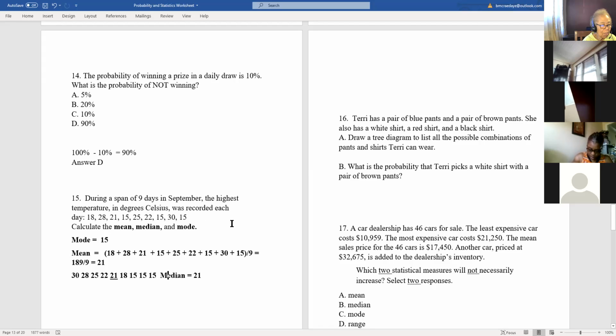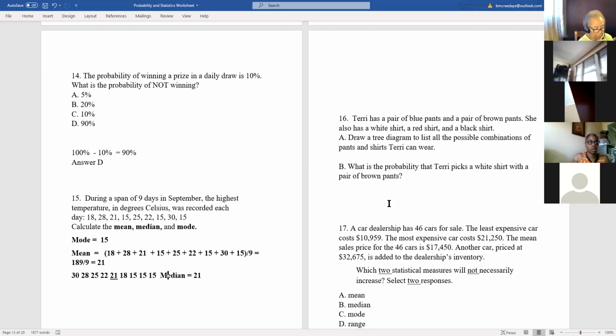And the median is the one that appears in the middle. You put them in order, and since there are 9 of them, it's odd, so there's just one temperature in the middle, and that's 21. And the mean, they don't have to be in order. You just add them up, divide by the number of temperatures. In this case, it's 9. So your mean is 21. Any questions on 15?